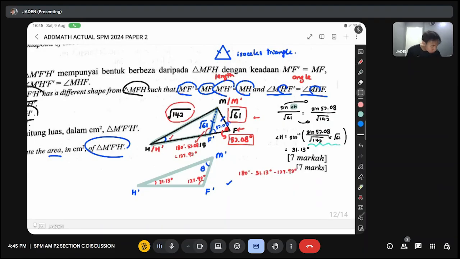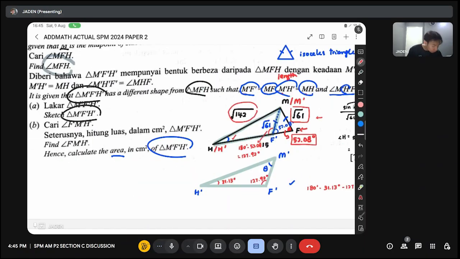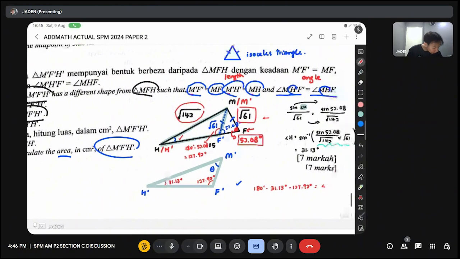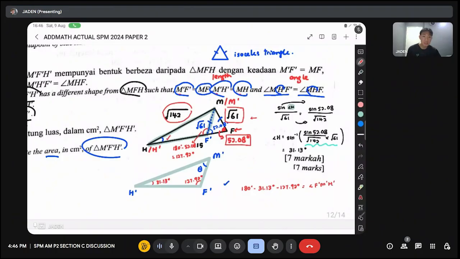By doing this, you achieve the angle at M, which is F prime, M prime, H prime. If you subtract all the way, you get 20.95. That is the M prime angle.